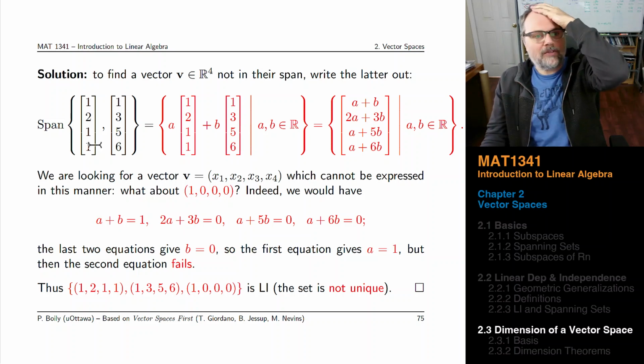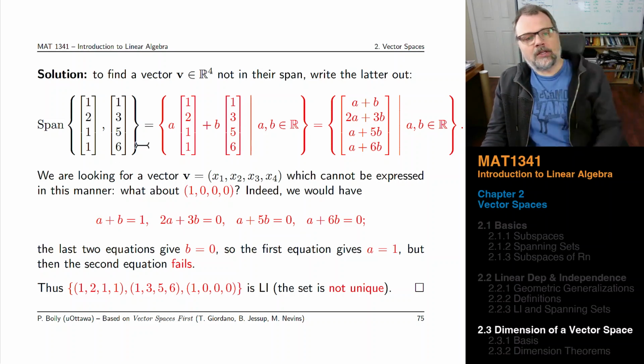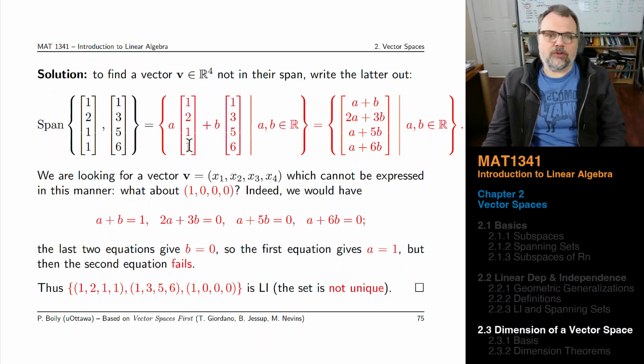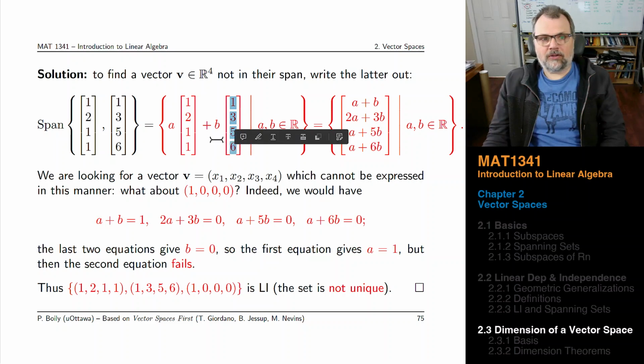So the span of these two vectors, here written as columns, would be all the linear combinations of (1, 2, 1, 1) and (1, 3, 5, 6). It would look like this. And I can simplify this a little bit by just multiplying the one column by a, the other column by b, and adding all the terms together.